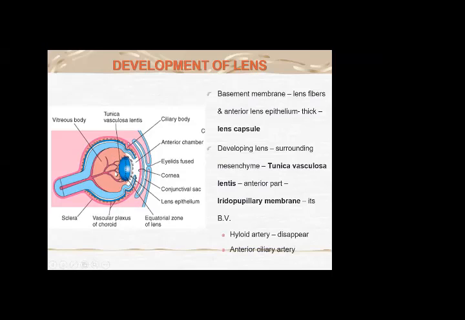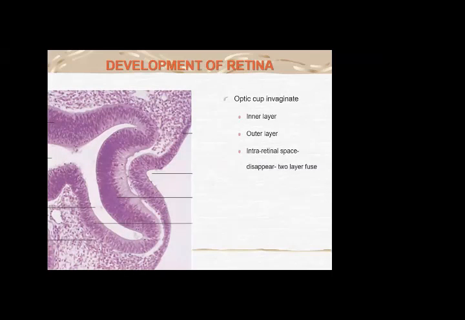By this time, the hyaloid artery disappears. It will persist here, but inside the cavity the hyaloid artery disappears. However, it is replaced by the anterior ciliary artery, and that is the supply.